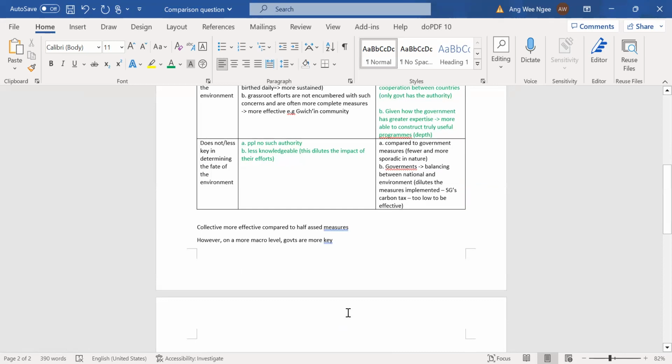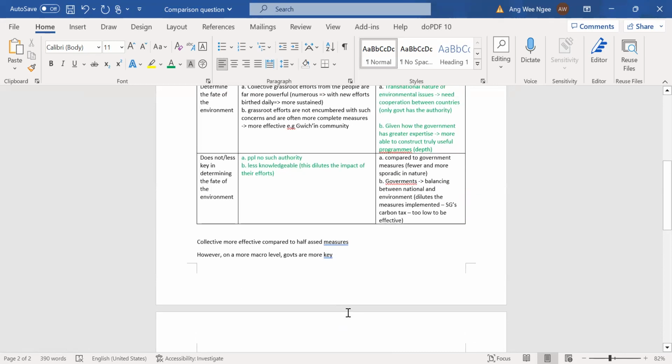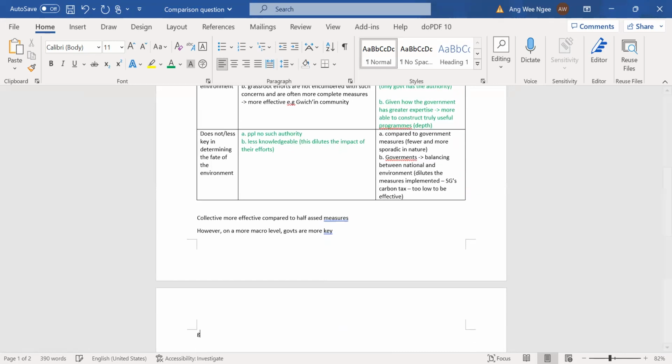So I'm going to do the grassroots are not encumbered.